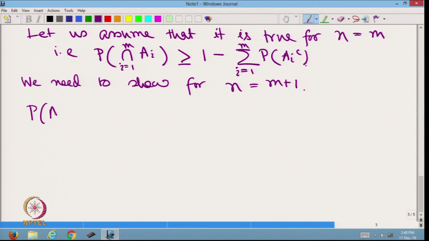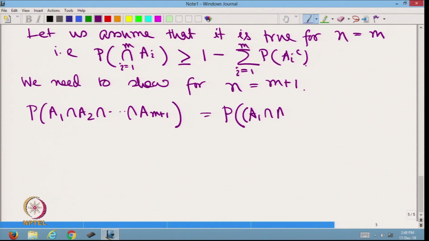So, probability of A1 intersection A2 intersection A m plus 1 is equal to probability of A1 intersection A2 intersection Am intersection A m plus 1. Again, we have split it into intersection of two events.